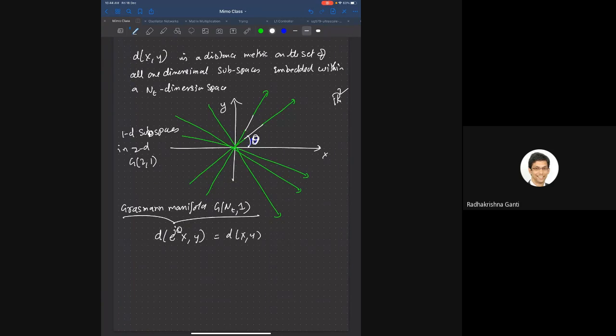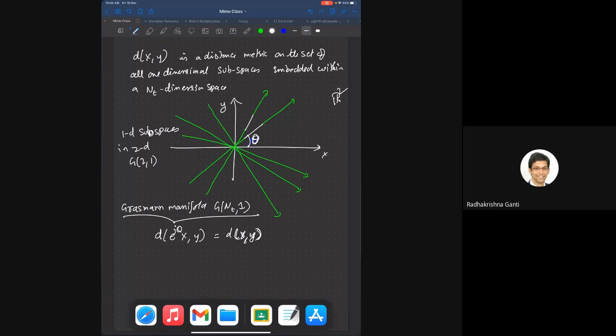So this is not sine theta. Oh yeah, that's correct. Sorry.